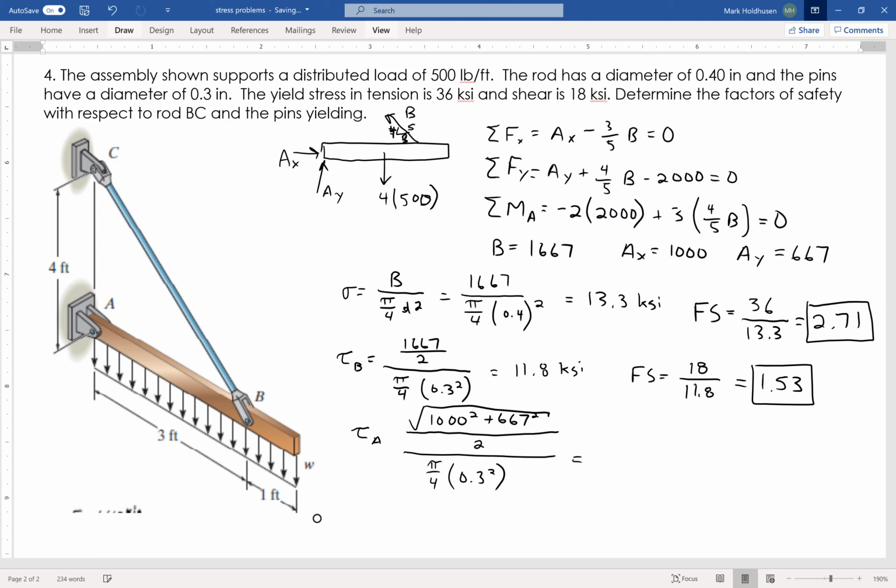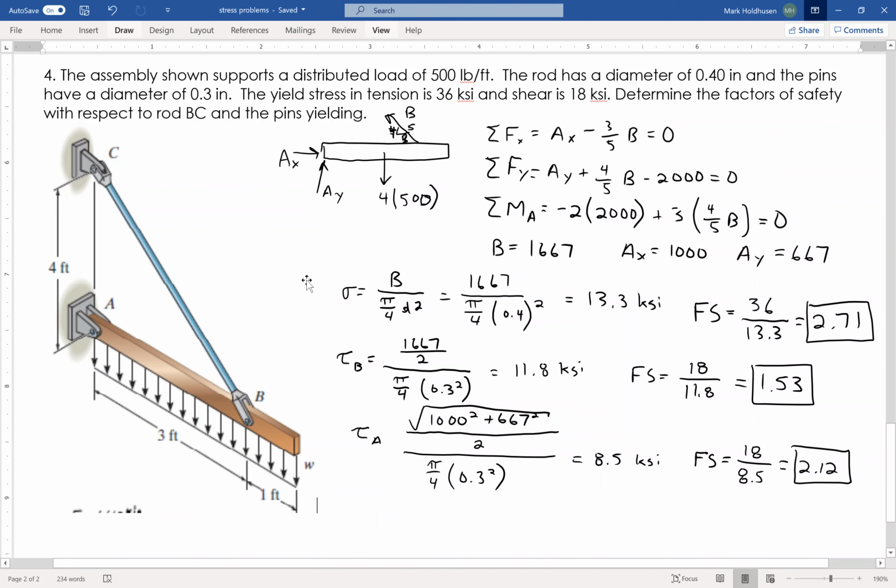From that, I get 8.5 ksi. That gives me a factor of safety of 18 divided by 8.5, which equals 2.12. So again, find the internal forces, divide them by the area, and then to find the factor of safety, you take the allowable stress divided by the actual stress that's being seen.